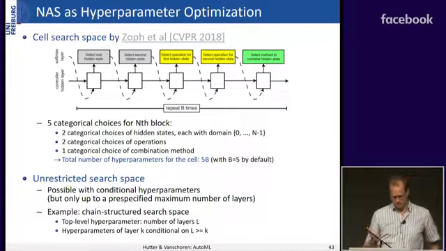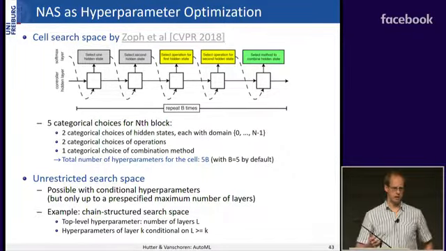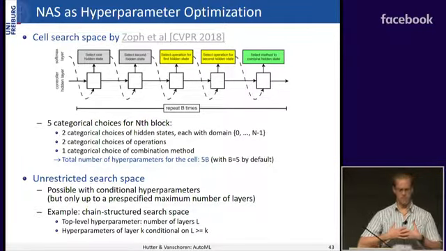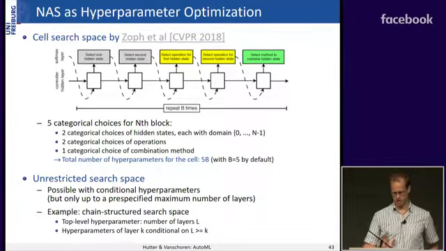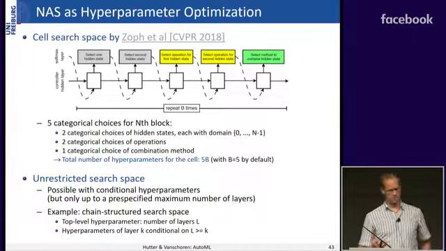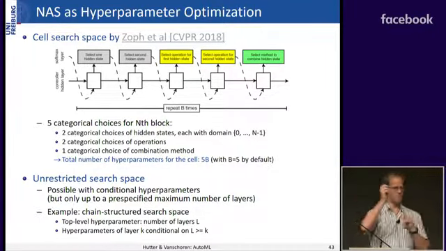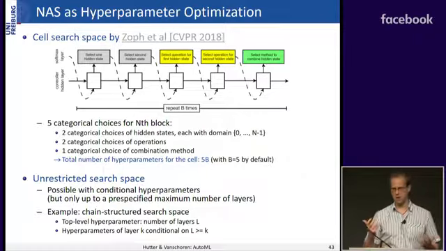If you have an unrestricted search space, then you can still write that as a hyperparameter optimization problem, but then you have conditionalities, and you have to have a limitation of the maximum number of layers. So for example, if you just have a chain structured space, but you're not going to restrict this, then as a hyperparameter optimization problem, you still need to say a maximum number of layers, such as 10,000 or so.